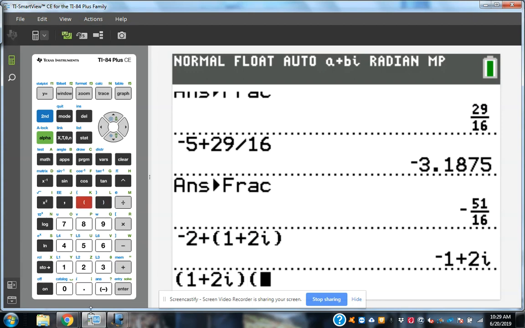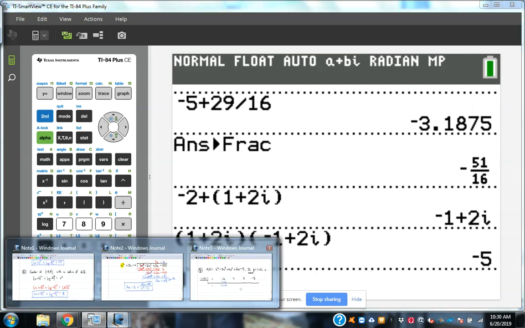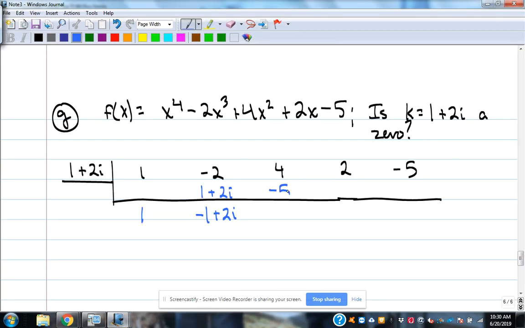Close that parenthesis, open up another set, negative 1 plus 2, and then second decimal point to get the i. And let it do the work to get negative 5. And that works out nice because I got a number that's not complex. So 4 plus negative 5 would be negative 1. That's a little easier to do.